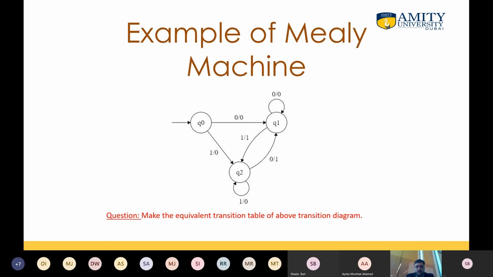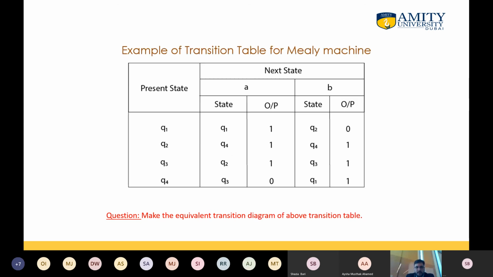Now, what is the example of Mealy machine? So the example of Mealy machine we did in the class, the transition table, is visible on your screen now. Here in this table, you can see four states are there. With each state, there is an input, and for each state, wherever you are reaching, there is respective output as well.